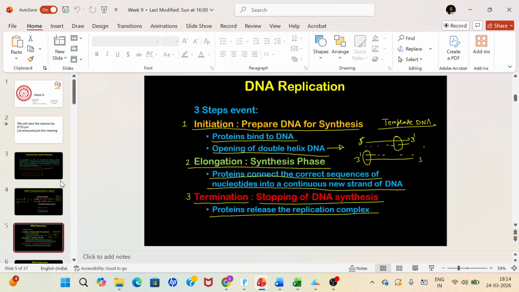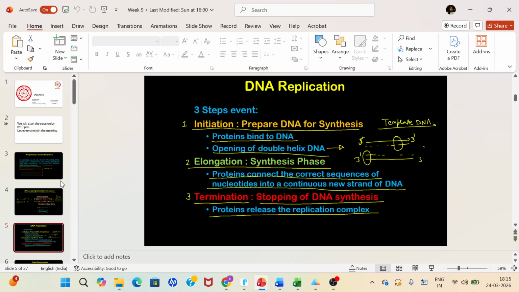Okay, so DNA replication, as I told you, what happens? Initiation will happen, elongation will happen, and termination will happen, because PCR is also a DNA replication, but it is happening outside the cell inside a machine. So it involves three steps: initiation, elongation, and termination. What happens in initiation? They prepare the DNA for synthesis of the daughter strands.